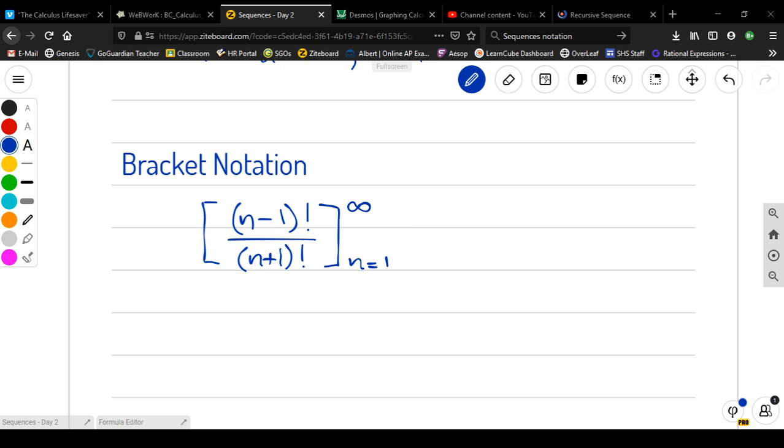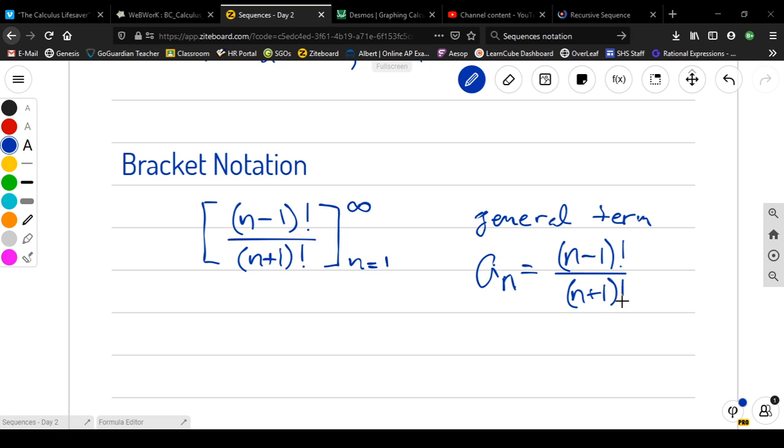So this is an infinite sequence here, where really our general term comes from the expression inside the bracket. So that would be a sub n is equal to n minus 1 factorial all over n plus 1 factorial. I hope you guys remember what factorials are.